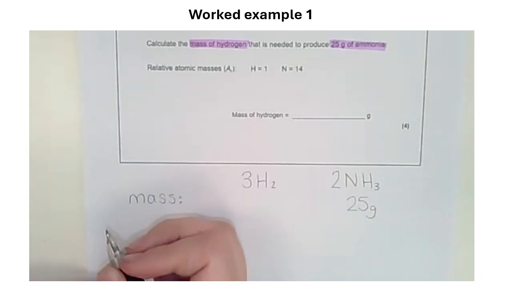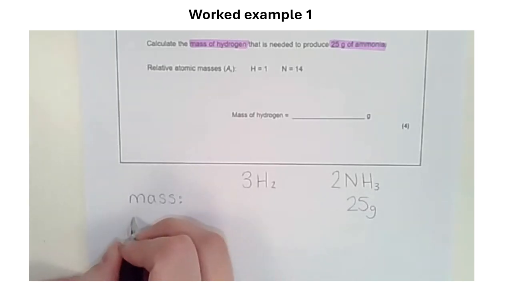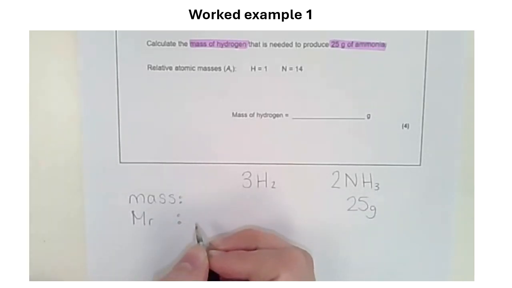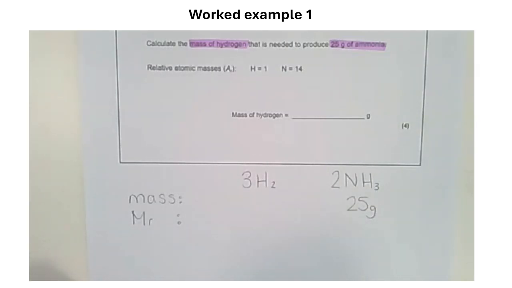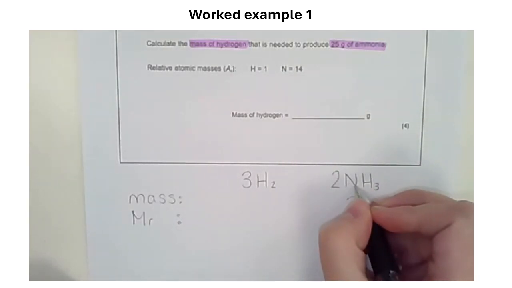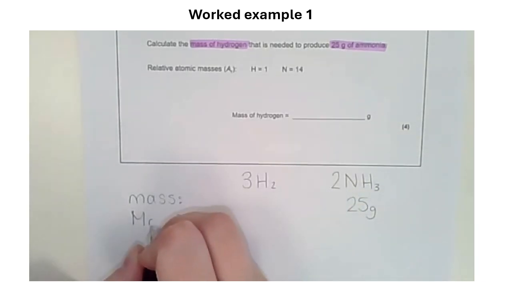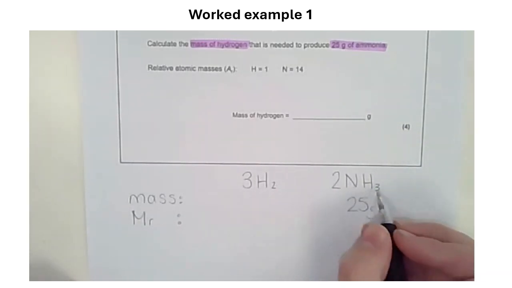I'm then going to have a look at my relative formula mass. Now, I haven't been given this in this question. In some of my examples I will be given the relative formula masses, but in this case I'm going to have to calculate it. So I have NH3. The only thing I need for my formula mass is the NH3.